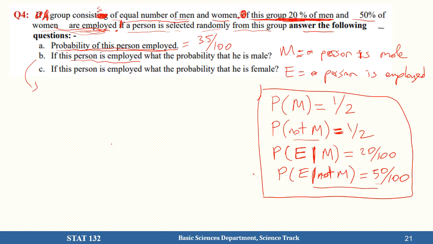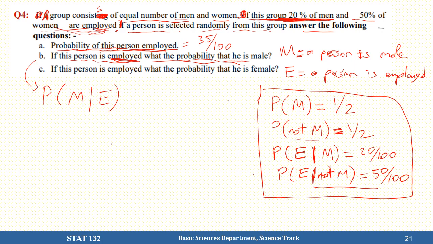Now if this person is employed, what's the probability that he's male? So it's asking, this person is employed, so we know the person is employed, so it will be a conditional probability. What's the probability that he's a male?